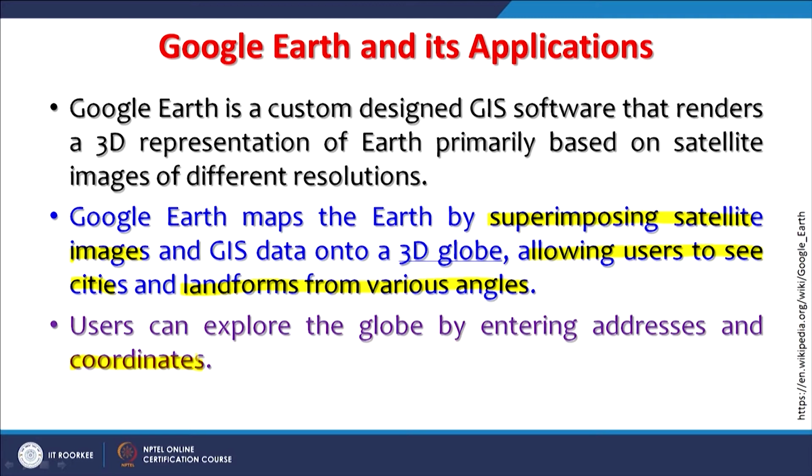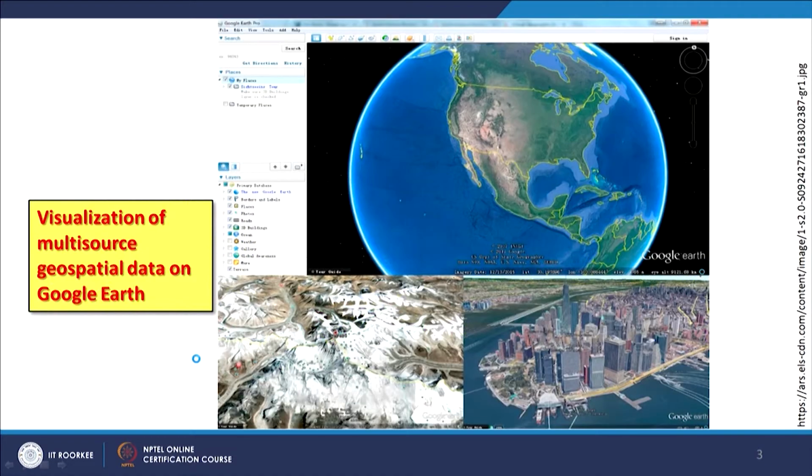And once the georeferencing has been done, we can paste our georeferenced images on Google Earth and see whether the georeferencing has been accurate or not, because in Google Earth you have continuous images for the entire globe. So that way it is also very, very important.